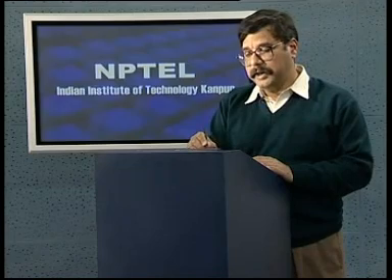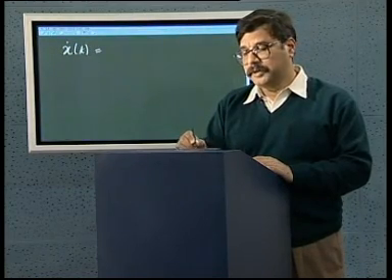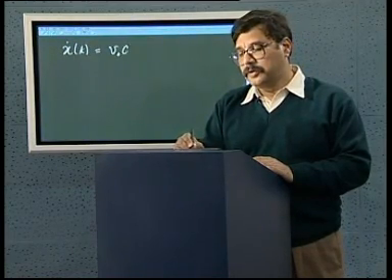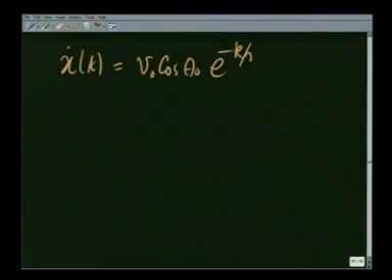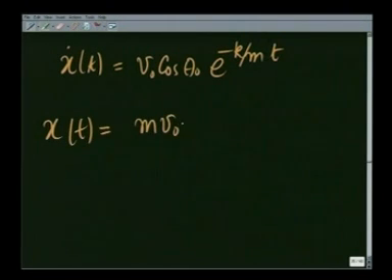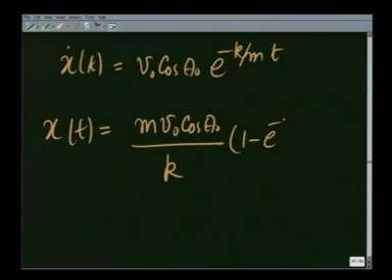So, going back to our expressions, we had x dot t is equal to v0 cos theta 0 e raised to minus k over m t, which gives me x of t is equal to m v0 cos theta 0 over k times 1 minus e raised to minus k over m t.